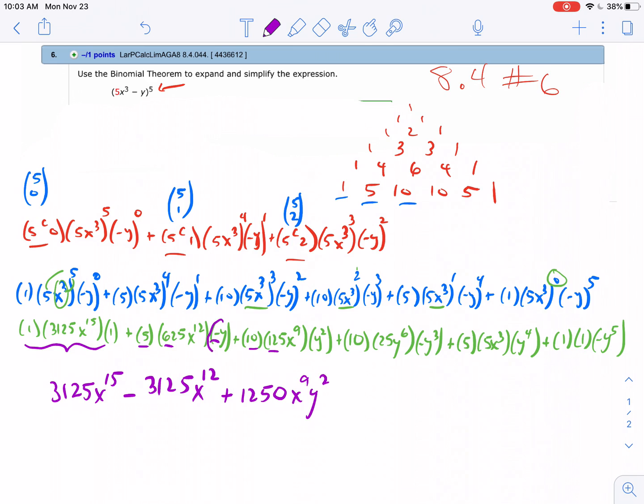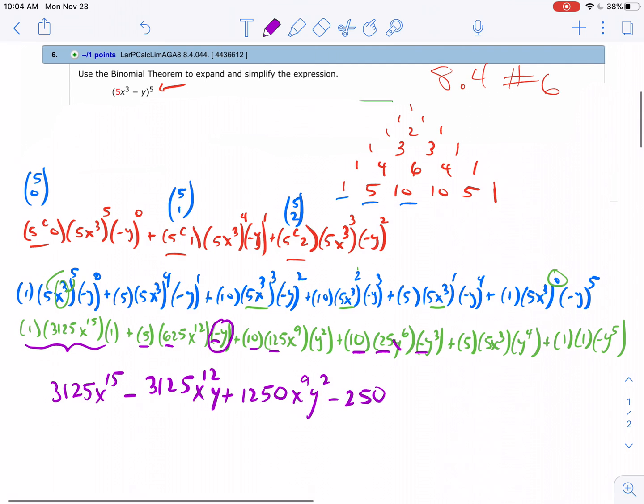I forgot my y back here. Should have been y to the first power. We don't have to write y to the first power, so make sure you go back and grab that term. Sorry about that. And then I have, again, a 10 times a 25 times a negative 1, so that's negative 250.